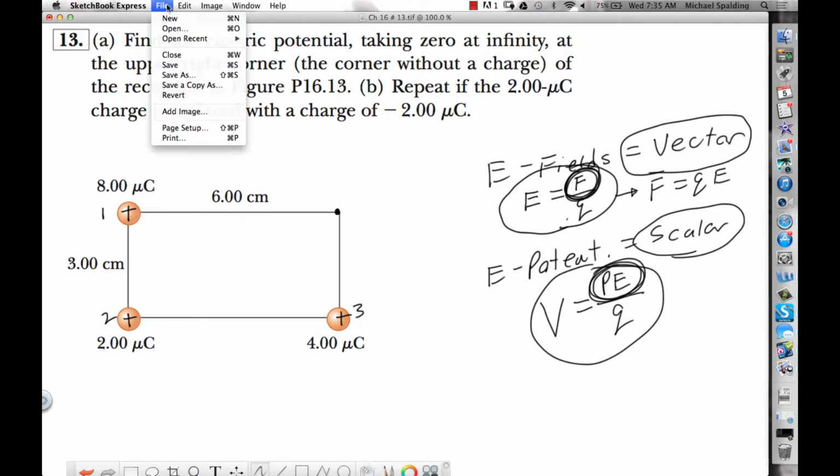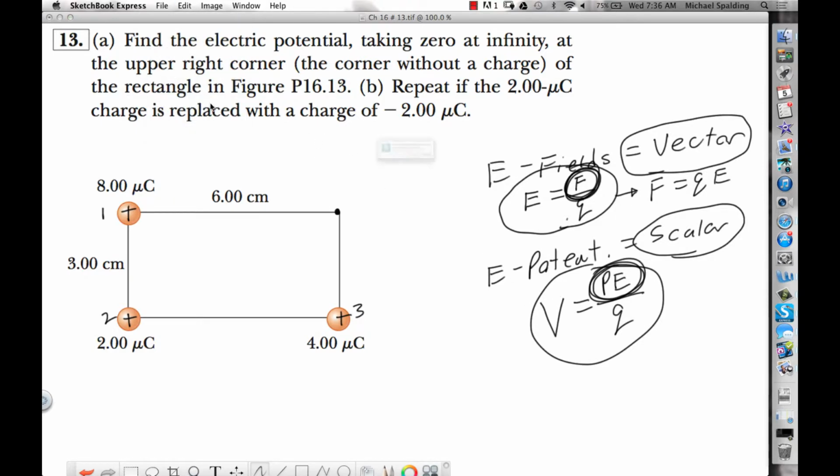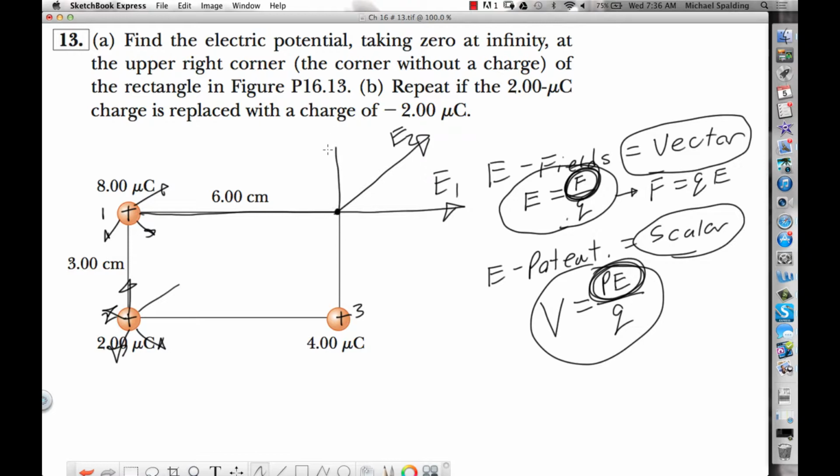So just as a review, real quick, what if this question wanted you to do electric field at this point? What you'd have to do is go like this. You'd be like, all right, positive charge, electric field goes where? Out. So for charge 1, it's going out like that. Remember this? E1 like that. Charge 2 is plus, out in all directions, so that'd be E2 at that point. Then charge 3 is plus, going up like that.